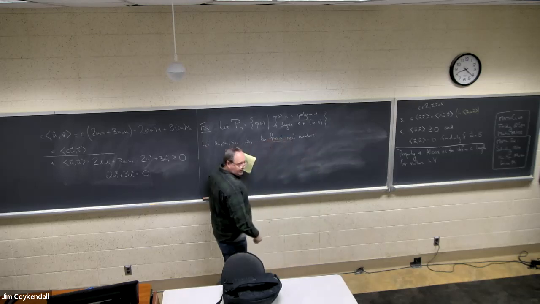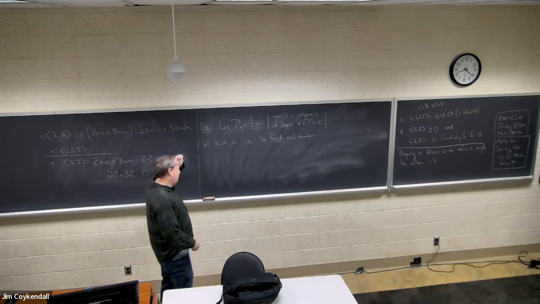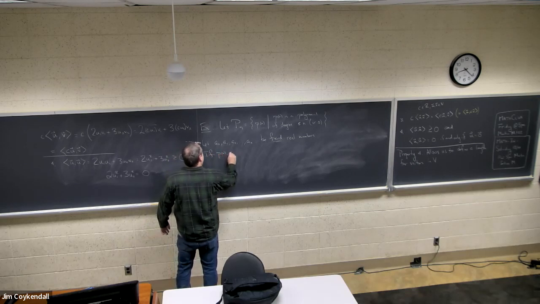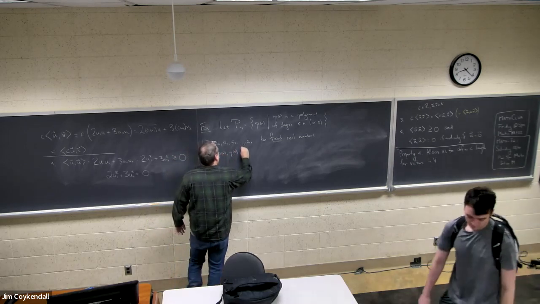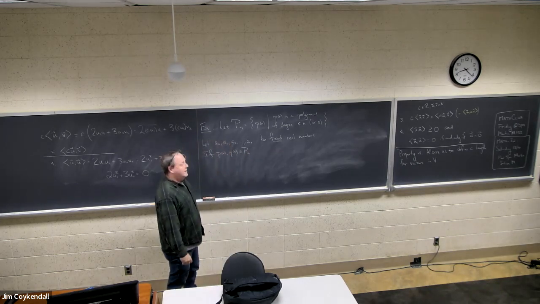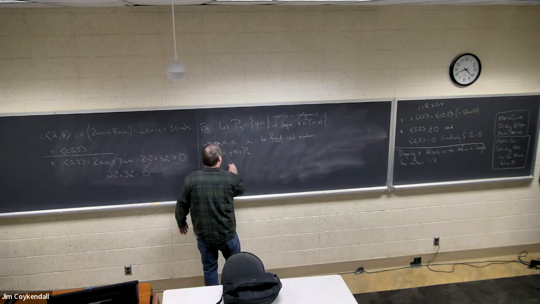So I haven't specified them, but they don't vary. They're just fixed numbers. I'm going to define the inner product this way. If P of X and Q of X are in Pn, the polynomials of degree less than or equal to n, I'm going to find the inner product.